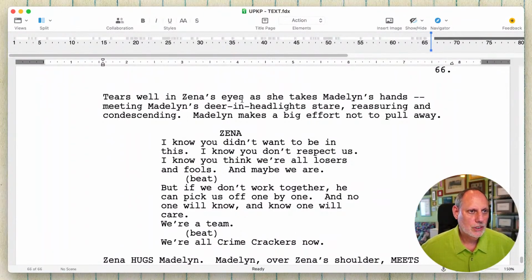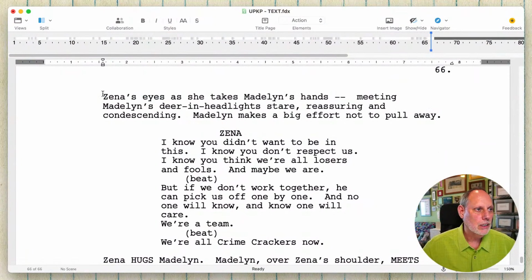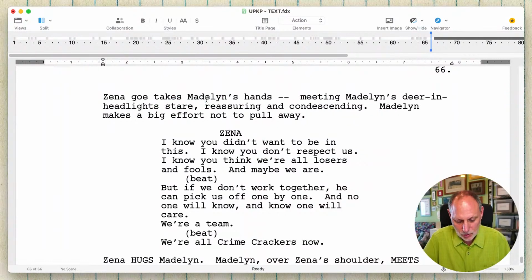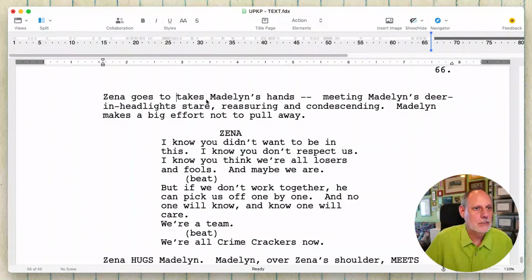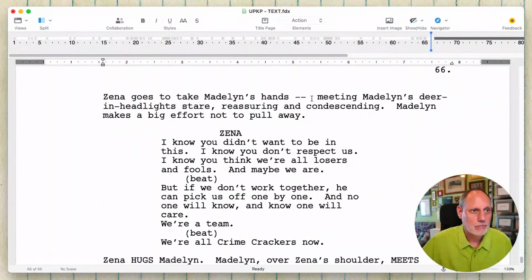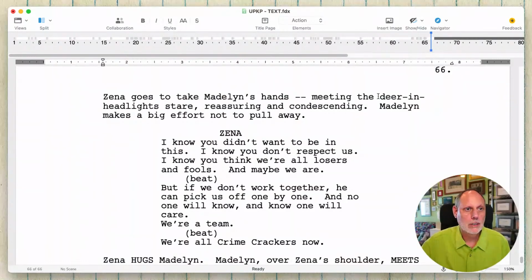Tears well in Zena's eyes. Do I want the tears well? No, that's what's wrong. Zena goes to take Madeline's hands, meeting the deer in headlights stare, calm, reassuring, and condescending.